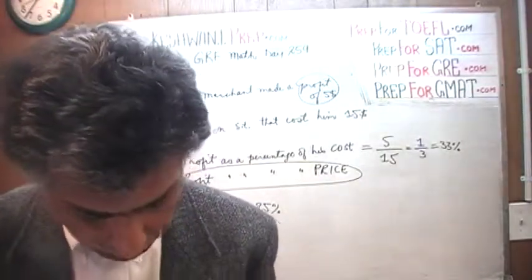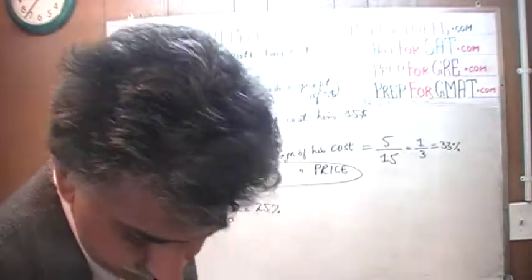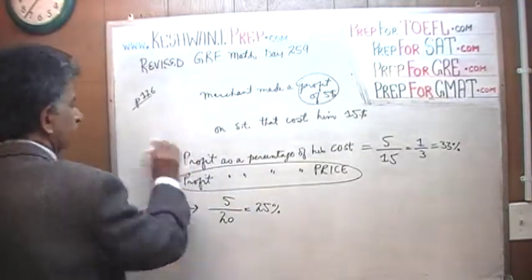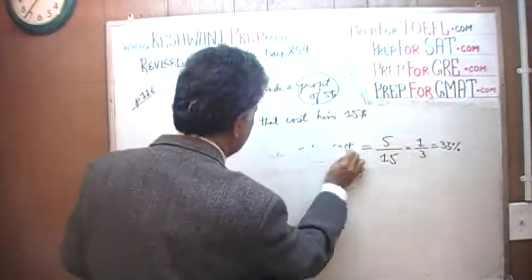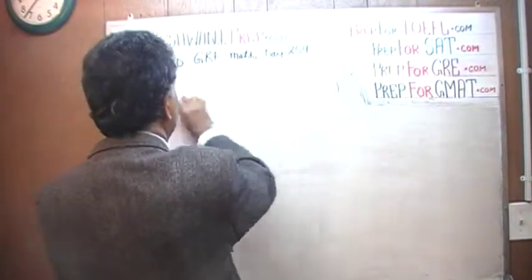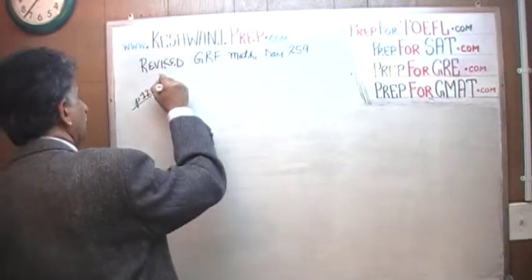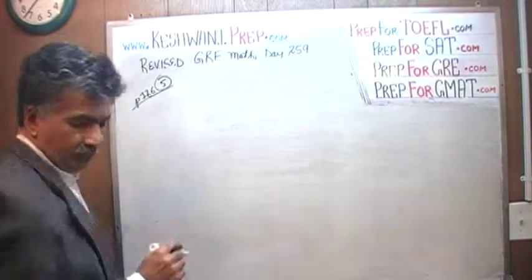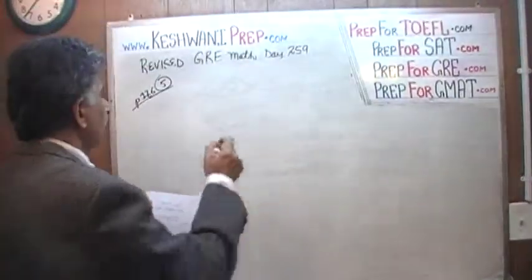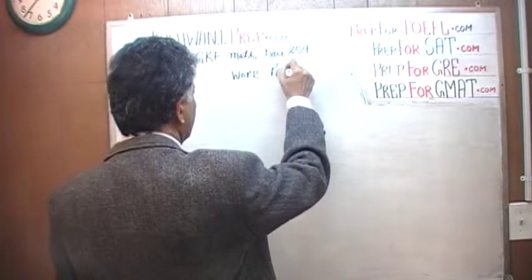Let's keep on going. The next problem that we see there, 126 number 5, is what is known as work problems.